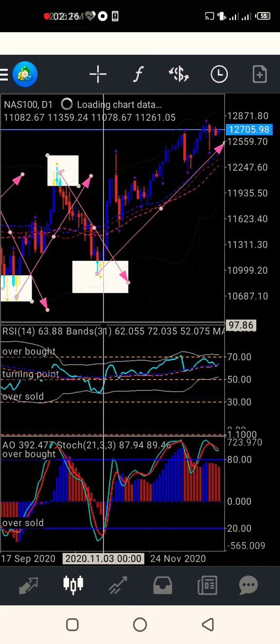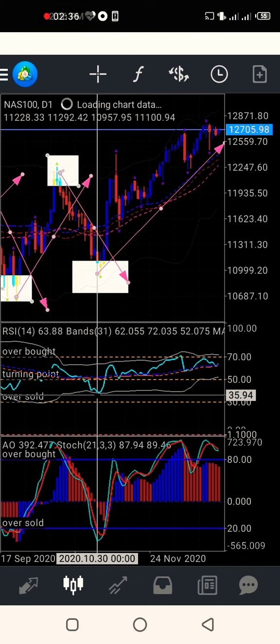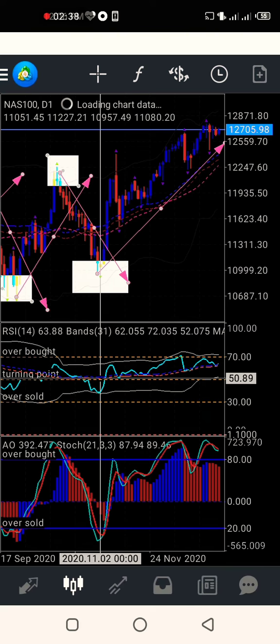For RSI, if RSI is not oversold, then you wait for the RSI to cross 50. Be aware of that. And anytime you see the RSI touching the Bollinger band, you should have it in the back of your mind that your market is about to reverse the other way around.